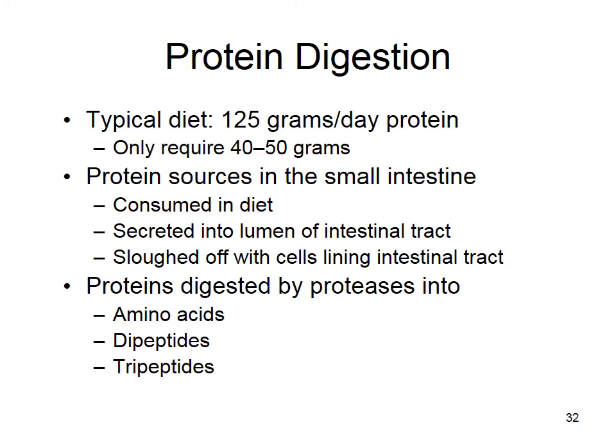But you do have some transporters that can do 2 amino acids together, so dipeptides, or 3 amino acids together, which are tripeptides. Okay? And the enzymes that break the peptide bonds holding amino acids together are known as proteases or proteolytic enzymes. Okay? They're synonyms. So proteases are proteolytic.